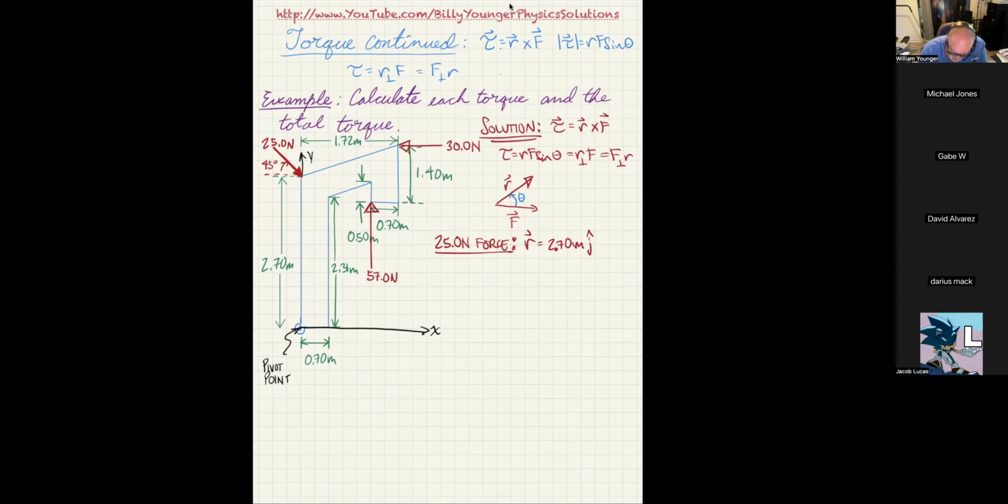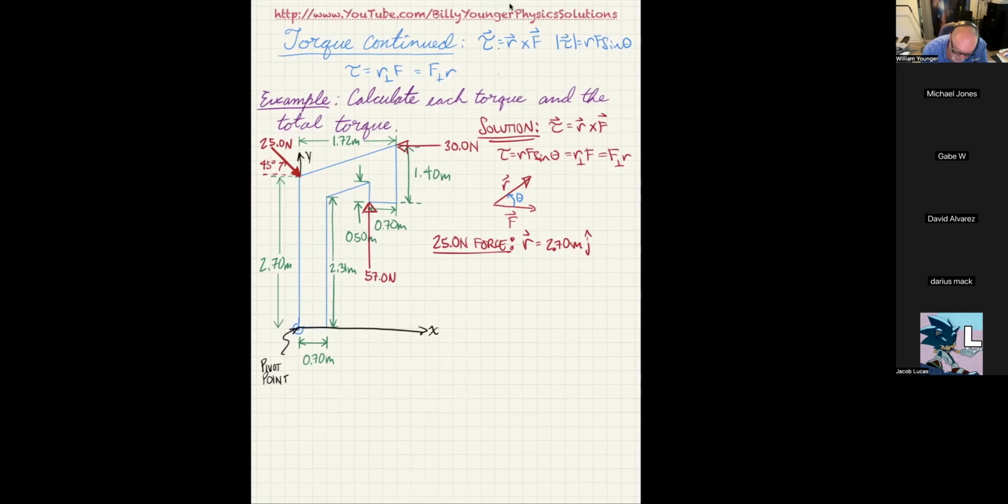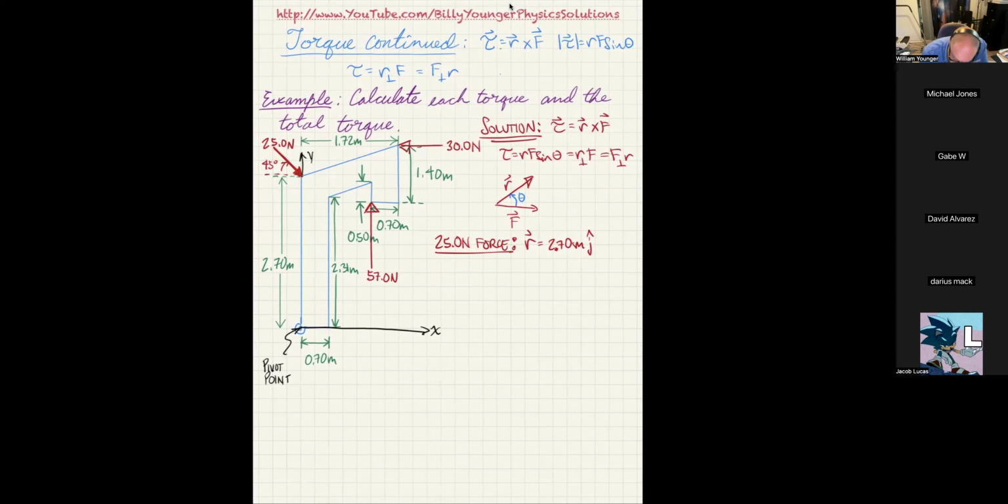Now, in that case, the force is a little more complicated because it's a 45-degree angle force, but we can see it has a negative y component right here, and it has a positive x component right here. So we know that it's just a matter of using the trig function.